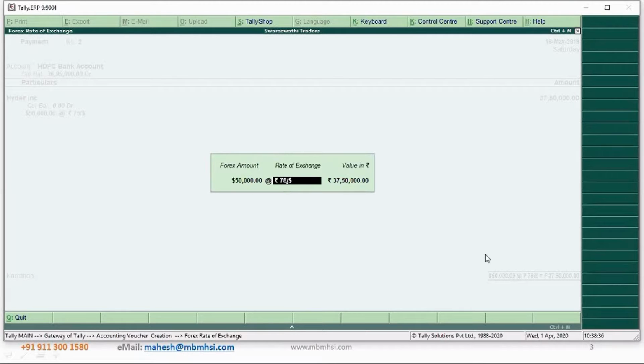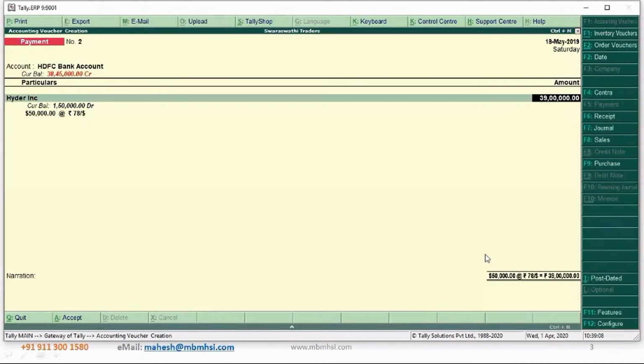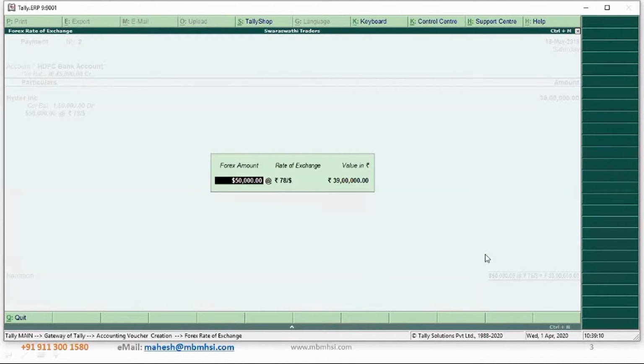There is a 3 rupee increase, which means I'm paying extra, because my purchase price was at 75 per dollar and now it has become 78 per dollar. This is the example I'm taking. So now I'm not paying 37,50,000. I'm paying 39 lakh rupees, which means effectively I'm paying 1.5 lakh rupees extra, right?